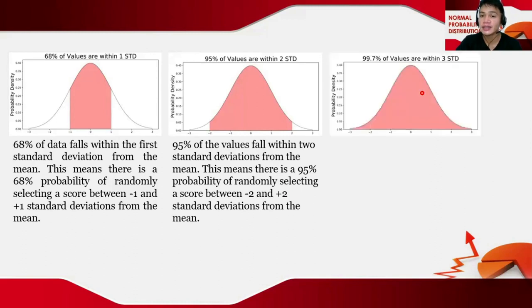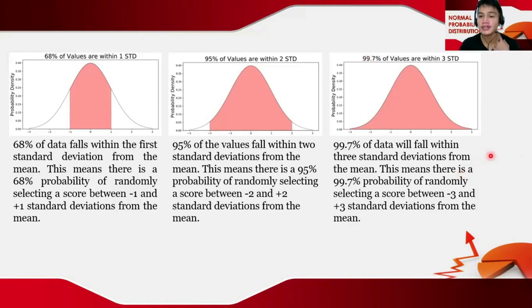And lastly, 99.7% of values are within 3 standard deviations. It means 99.7% of the data fall within 3 standard deviations from the mean. This means there is a 99.7% probability of randomly selecting a score of -3 to +3 standard deviations away from the mean.